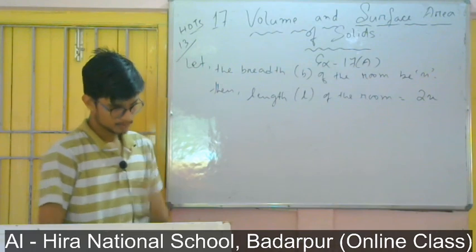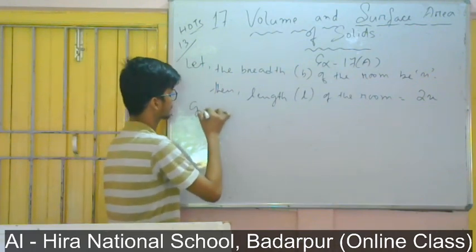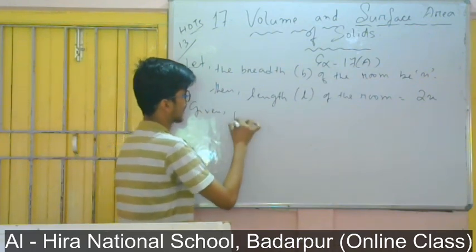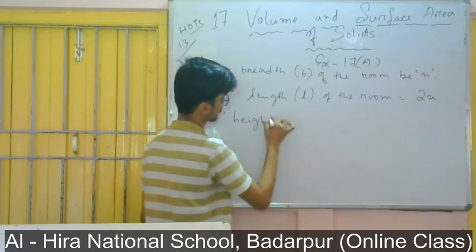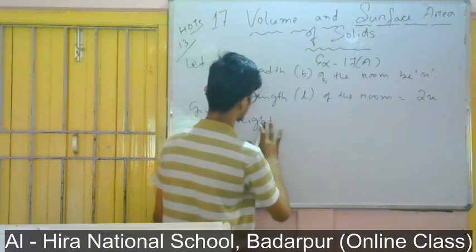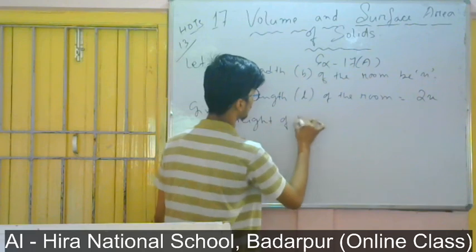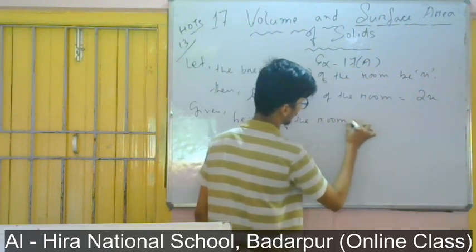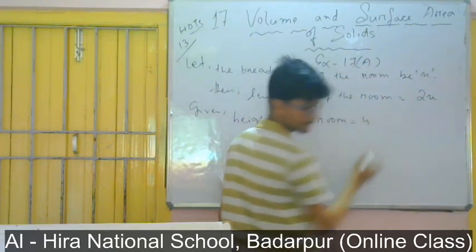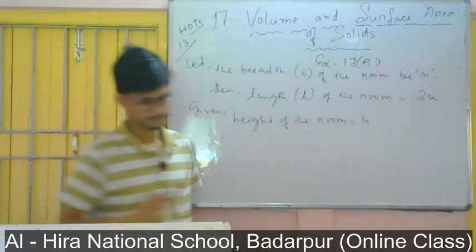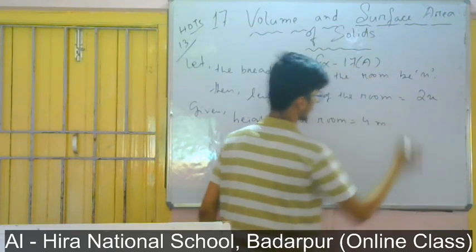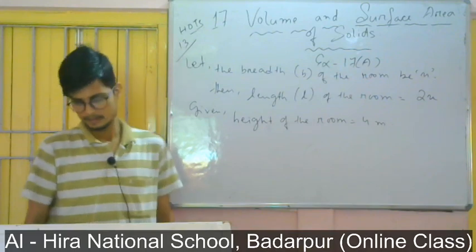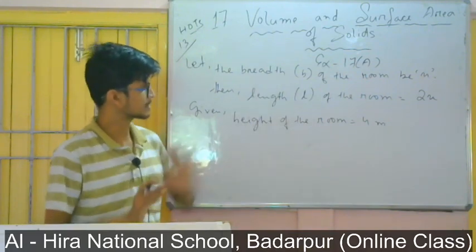Length will be twice x, and given height of the room is 4 meter. Okay, so now we have written what is there in the question.